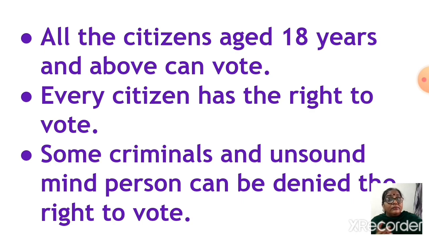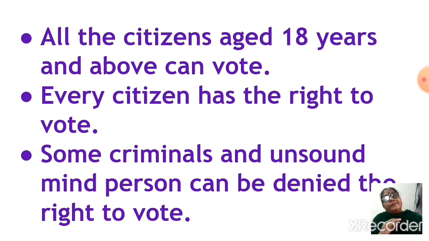Okay, all are getting equal chances, the right to vote, cast their vote, and elect their representatives of their own choice. But in some cases, some criminals and also persons with unsound mind, that is mentally disabled persons, can be denied the right to vote.